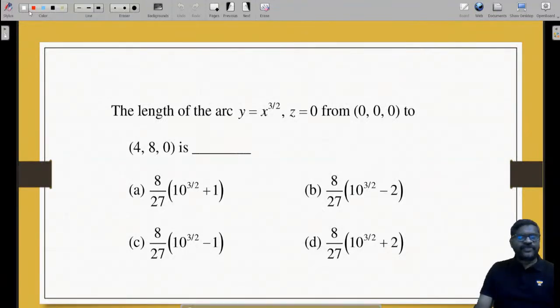The length of the arc y equal to x power 3 by 2 from 0 comma 0 to 4 comma 8.